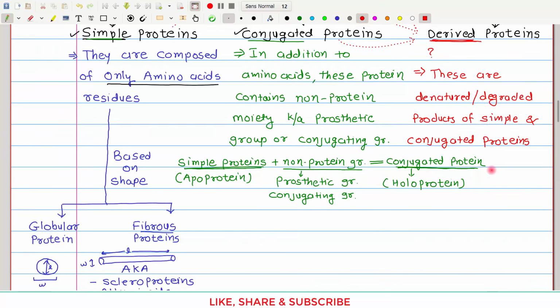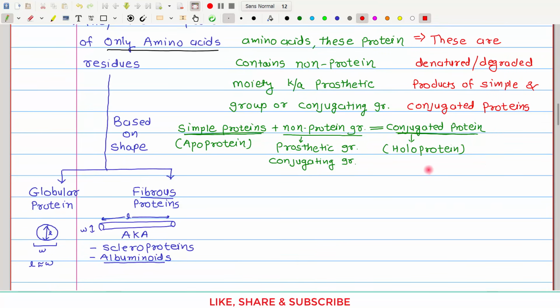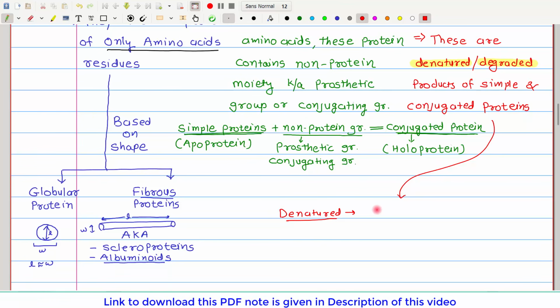Now here we have to differentiate between these two words, denatured and degraded. Denatured means all the weak interactions of the proteins are broken down. Remember, all the weak interactions include hydrogen bonds, van der Waals forces or hydrophobic forces, right? But here strong bonds are not broken down.